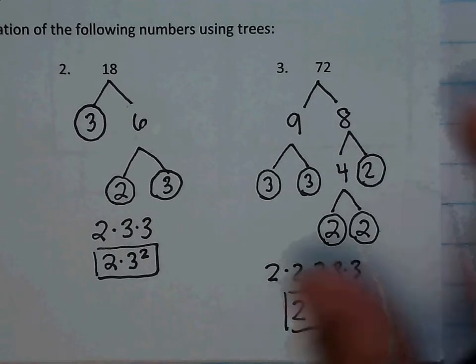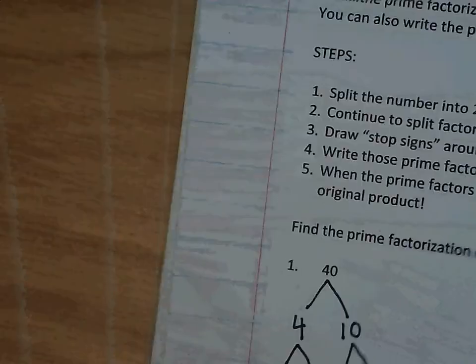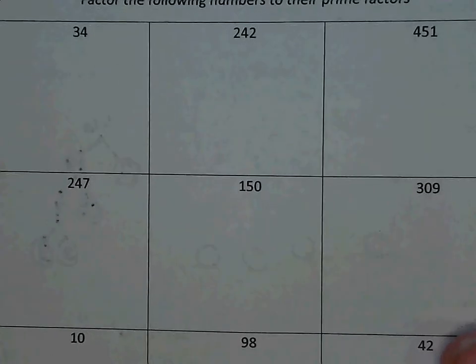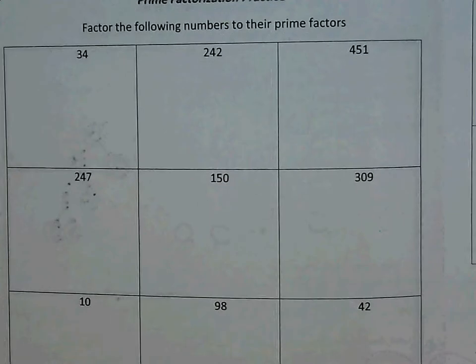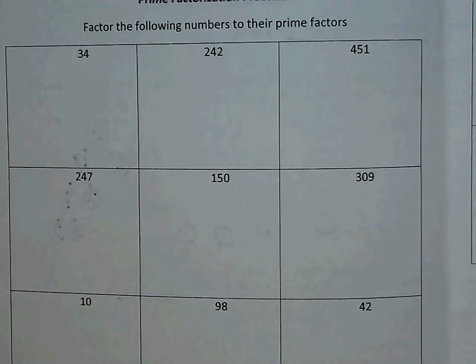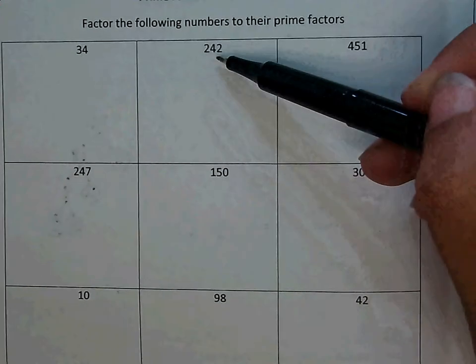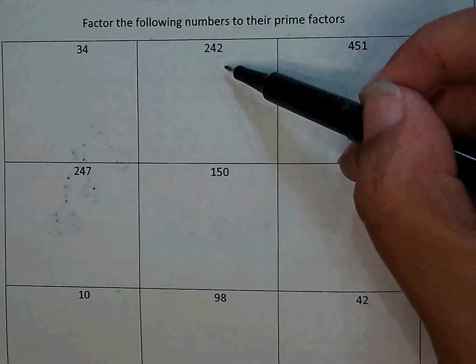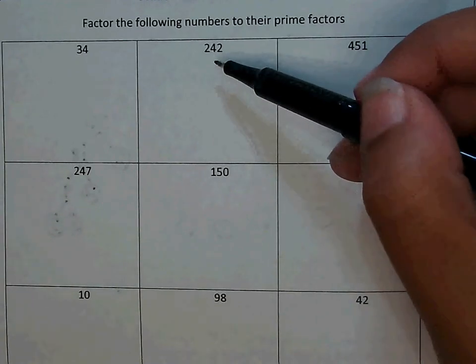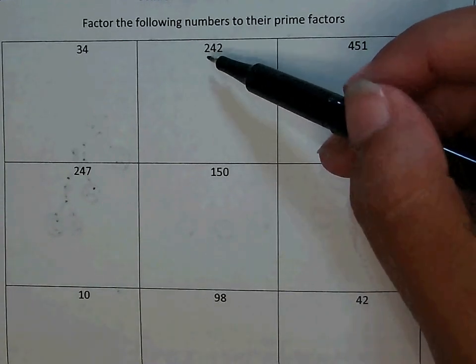All right, let's go on the inside of our paper. On this paper, I'm going to zoom out a little bit. There are going to be some numbers that are a lot bigger than others. Just remember your divisibility rules. So for example, 242. You can start with 2 and 121 if you want, or you can see if it's divisible by 3.